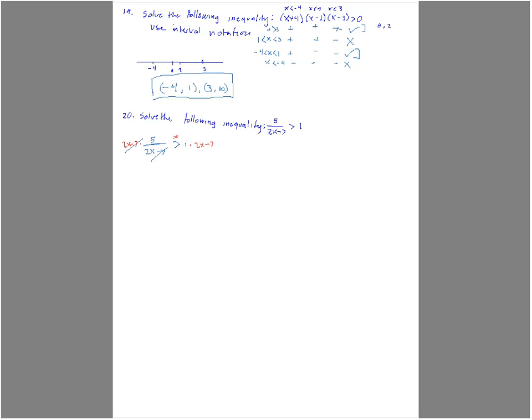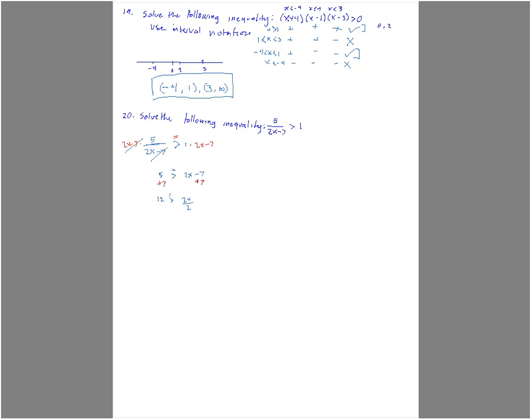We have 5 is greater than, and we'll keep the equal just to remind ourselves that we're pretending it's an equal sign. And then add 7 to both sides. Go ahead and use red. And so we end up with 12 on one side and 2x on the other. Divide both sides by 2.